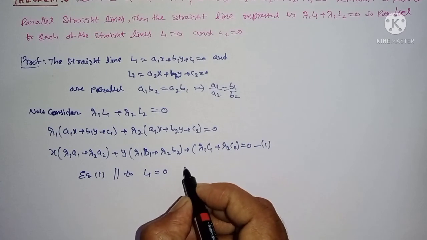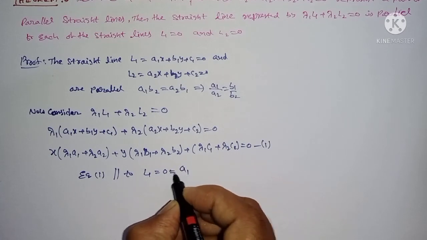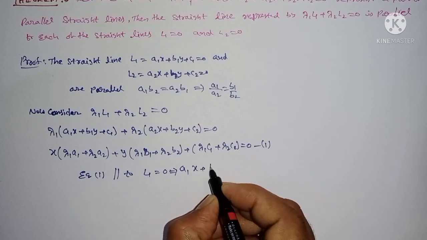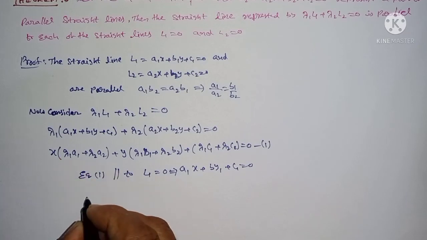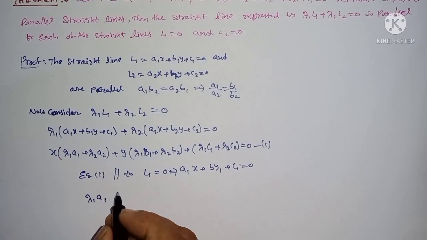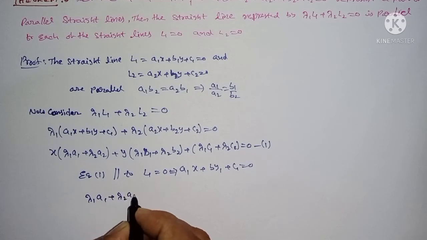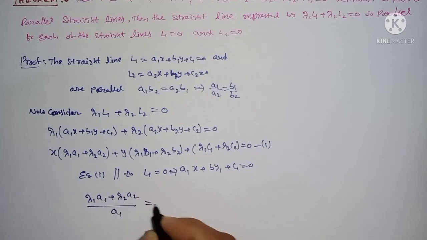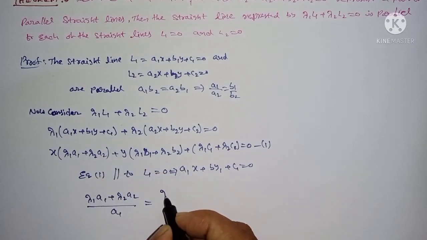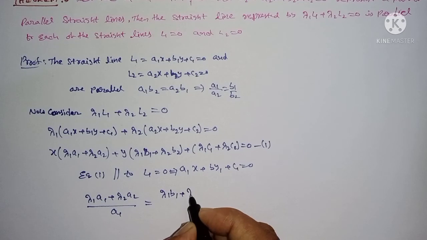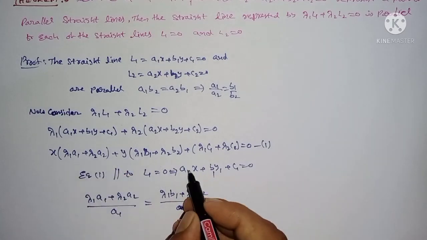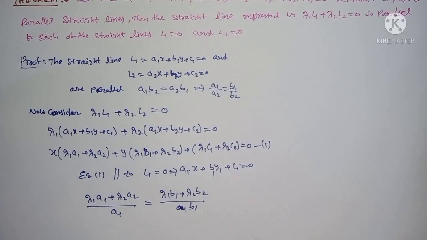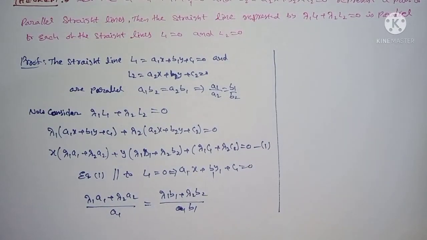You can write L1 as a1x plus b1y plus c1 is equal to 0. In equation 1, I can write lambda 1 a1 plus lambda 2 a2 over lambda 1 b1 plus lambda 2 b2, and this should equal a1 by b1, that is a1 by a2 is equal to b1 by b2. Simplify this one, observe here.